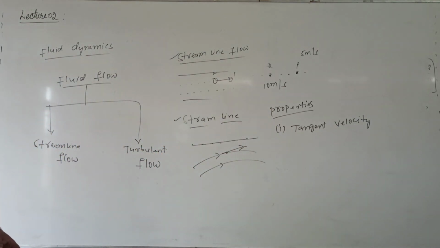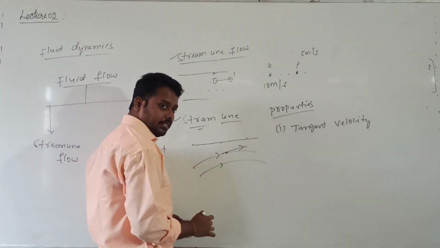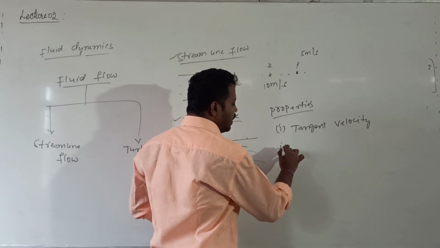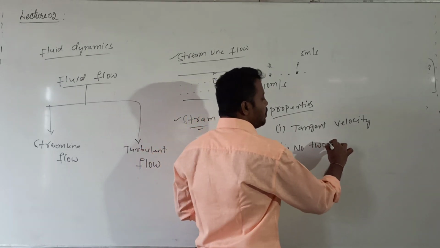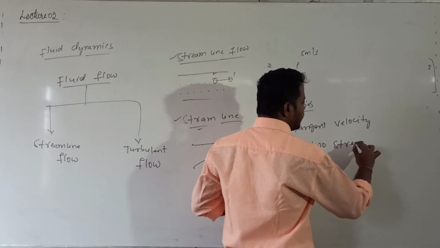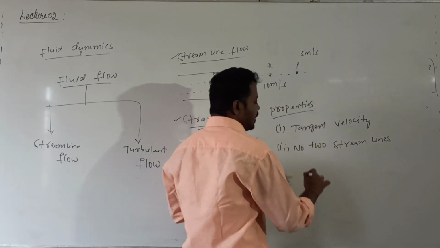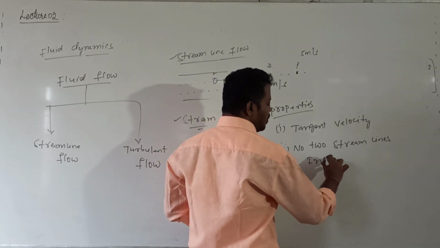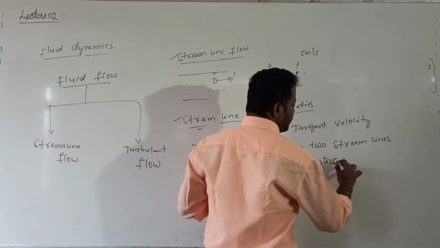The tangent gives the direction of velocity. That is the first property of streamlines. The second property: no two streamlines intersect with each other.